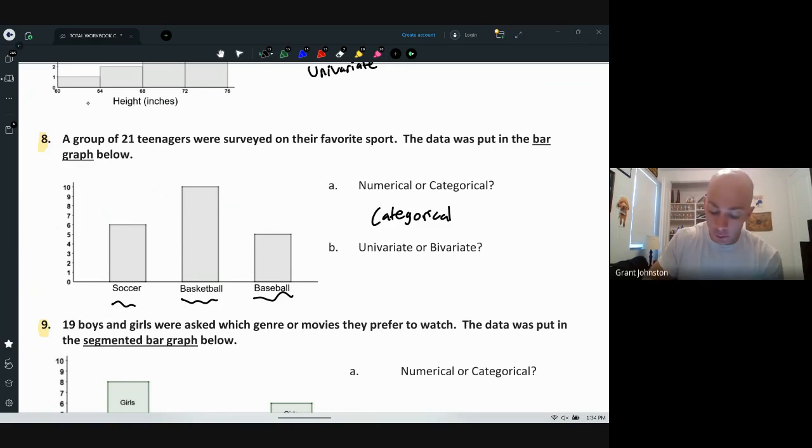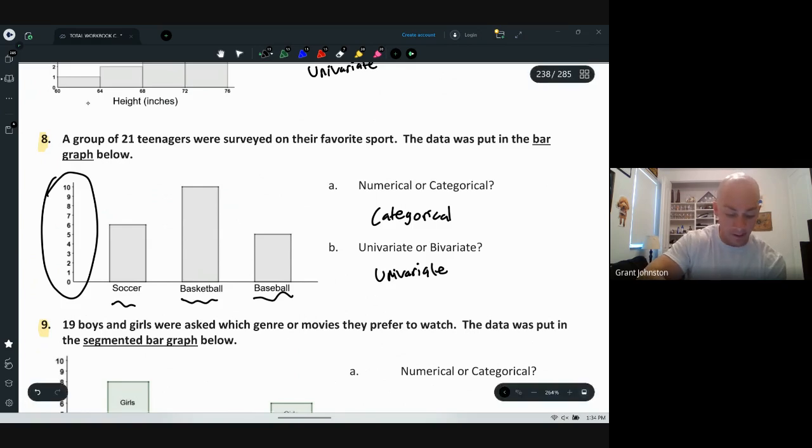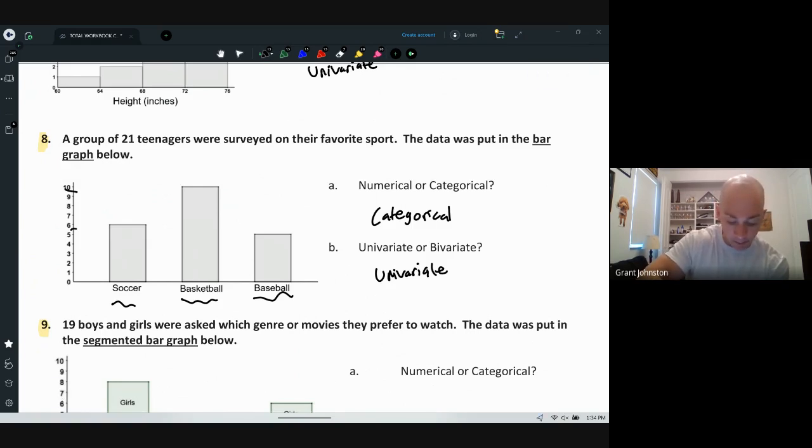And this is univariate because there's only one variable. We're just talking about their favorite sport. Again, this isn't a variable, this is just the counts. So they're saying 6 picked soccer, 10 picked basketball, and 5 picked baseball. This is univariate.